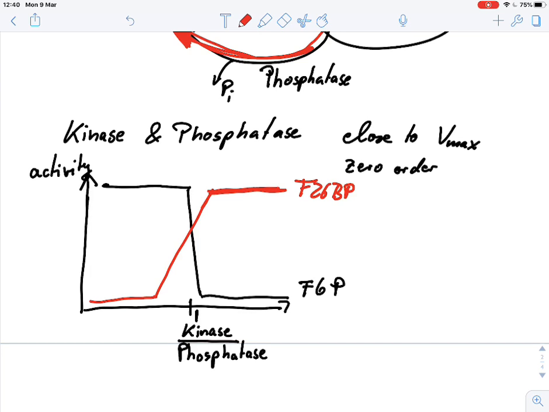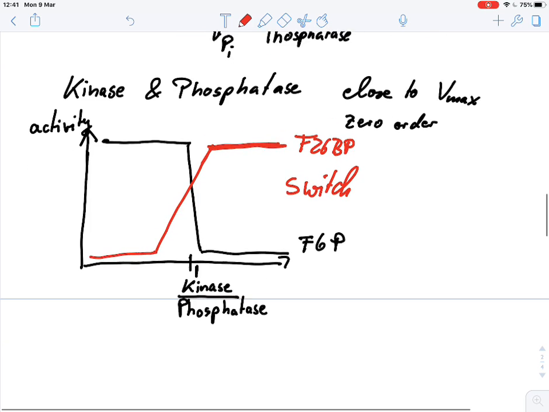What you have here is the typical example of a switch. You change the state like a switch. It's all or nothing. It's either fructose 6-phosphate or fructose 2,6-bisphosphate. There's nothing in between. And that is an incredibly clever way of dealing with that.